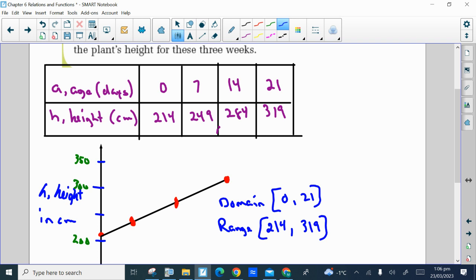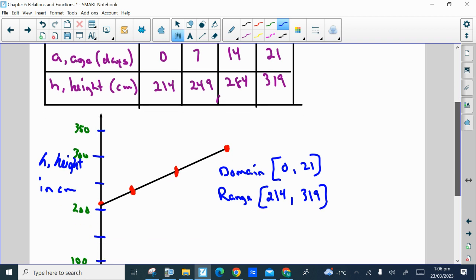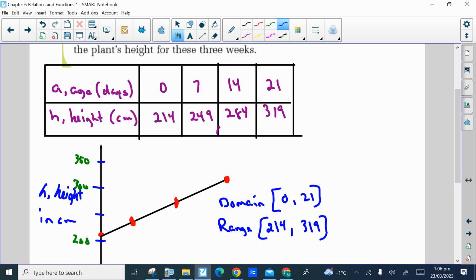And again, because the plant is continually growing, that is continuous data, so we are allowed to use interval notation. Could also use set notation. It would be impossible to use a list, though, because a list is where you state every value, and that's not possible. Every fraction and decimal between 0 and 21 would be part of this relation. It's impossible to write them all down.